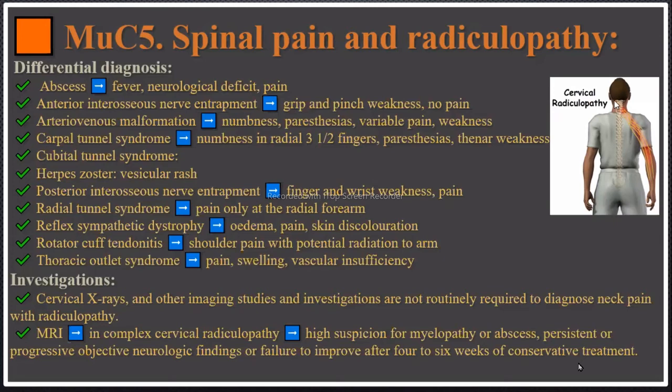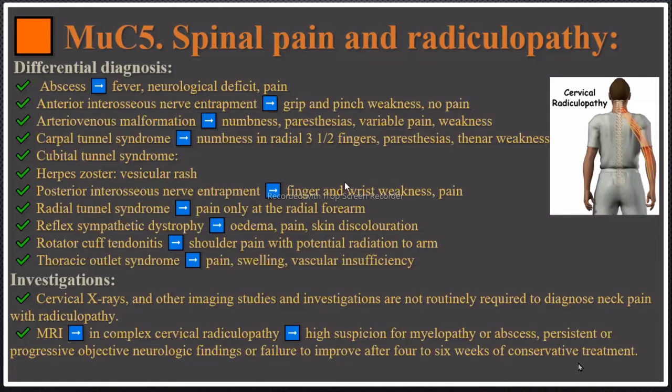So maybe the problem is central, maybe peripheral. Maybe abscess, whether central or peripheral, you will find in the scenario fever, neurological deficit, and pain. Maybe anterior interosseous nerve entrapment, so the patient cannot grip and pinch, but no pain. Arteriovenous malformation: the patient has numbness, paresthesia, variable pain, and weakness.